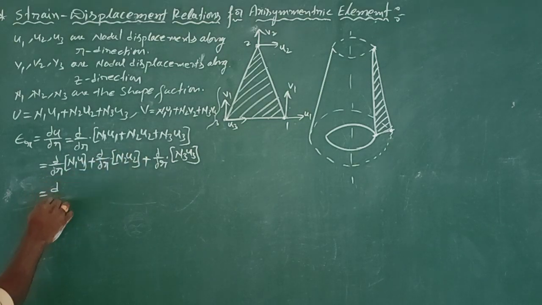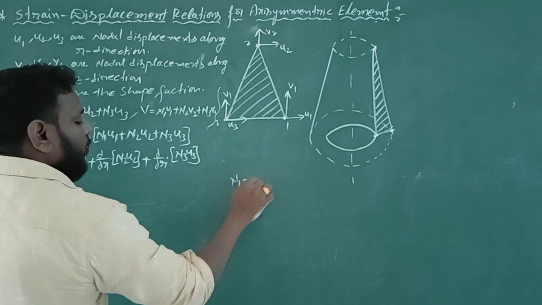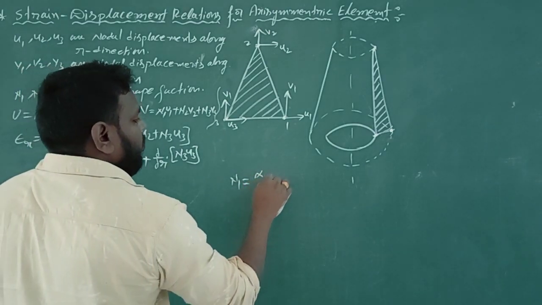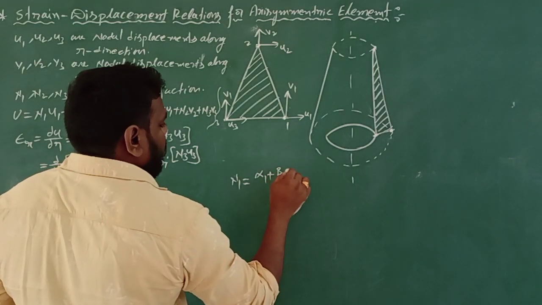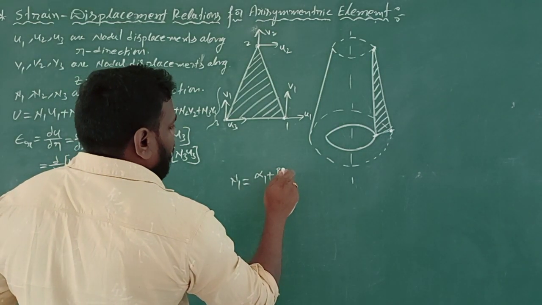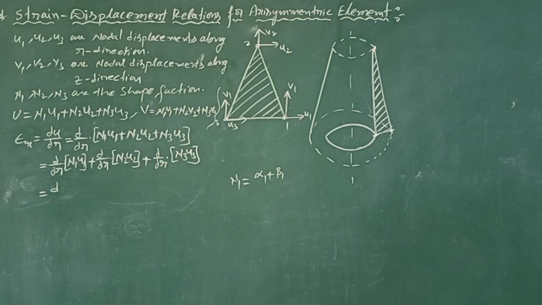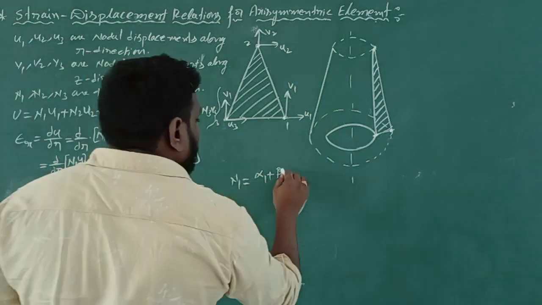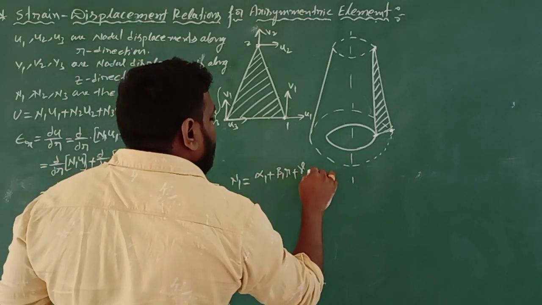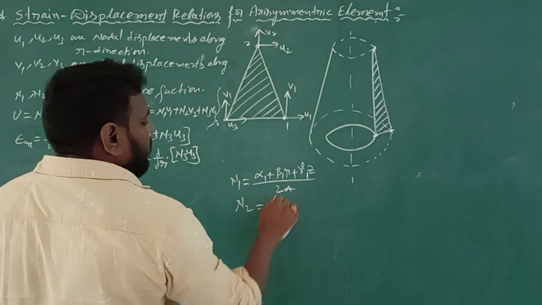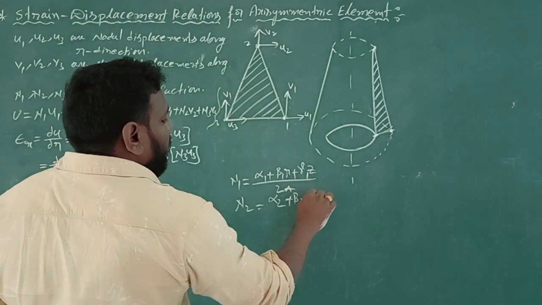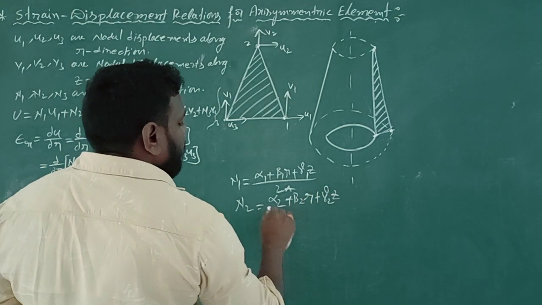So n1 is equal to alpha 1 plus beta 1 r plus gamma 1 z, divided by 2a. n2 is also the same: alpha 2 plus beta 2 r plus gamma 2 z by 2a.